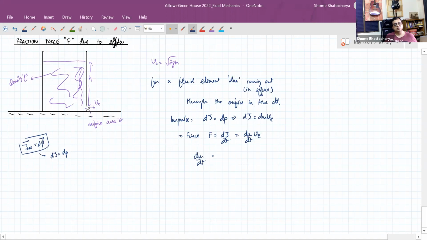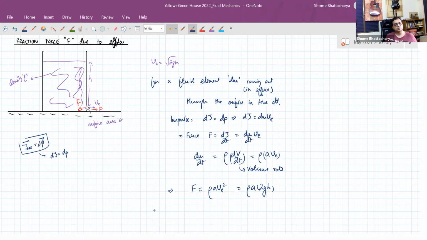So dm by dt is density into volume rate, which is nothing but area of cross section into efflux speed. So the force that the liquid experiences as it comes out is density into area of the orifice into 2gh. The reaction force that the tank will experience will be equal and opposite, an action reaction pair, so it has the same magnitude.